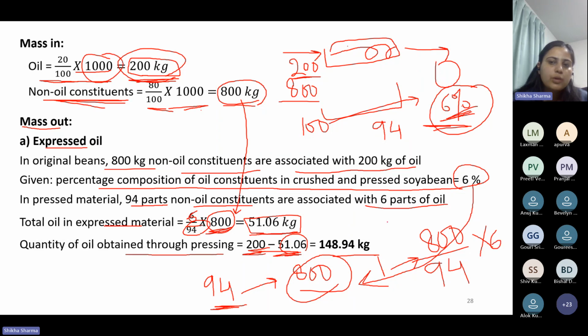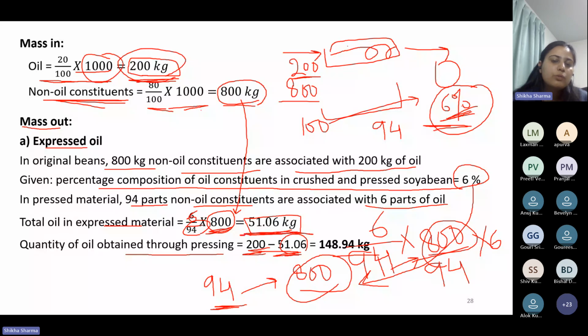Total portions are 94 and total kg is 800, so the oil in the meal equals 51.06 kg.